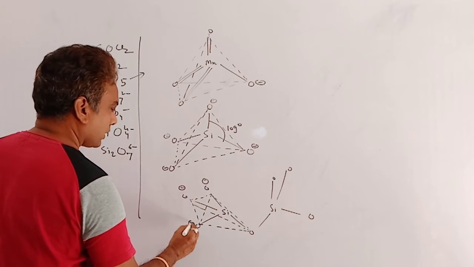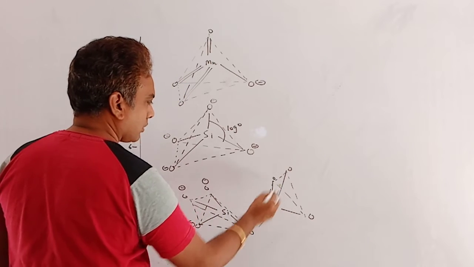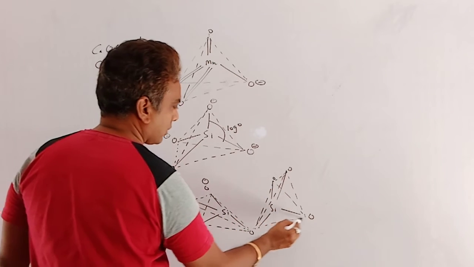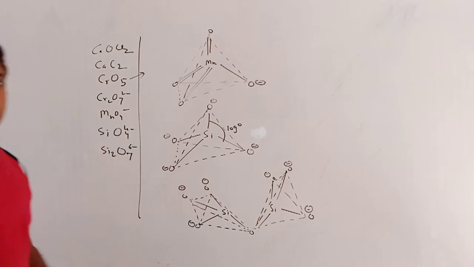Negative, negative, negative. Negative, negative, negative. Clear? So these are some dot structures.